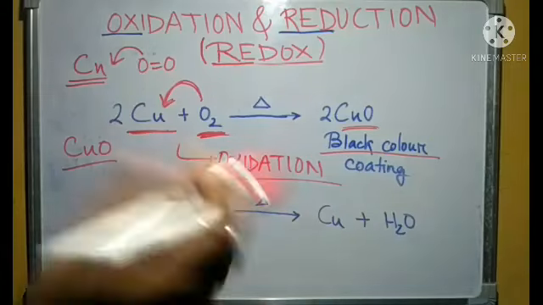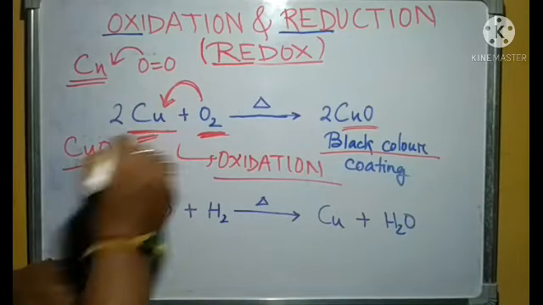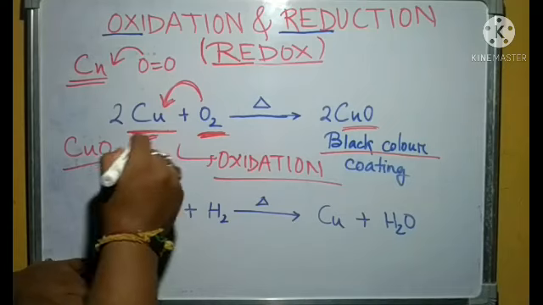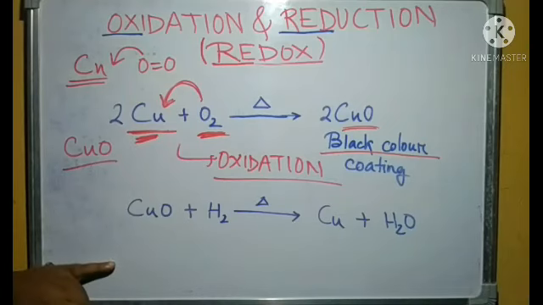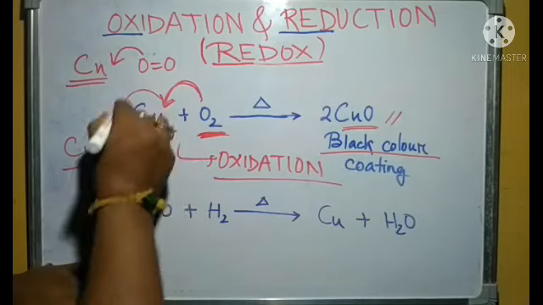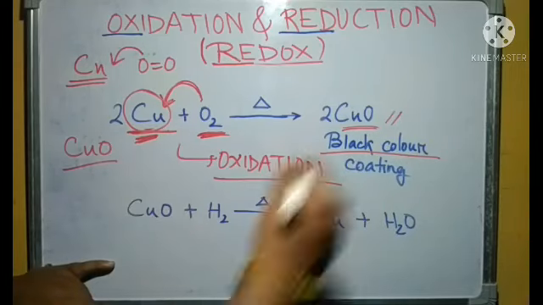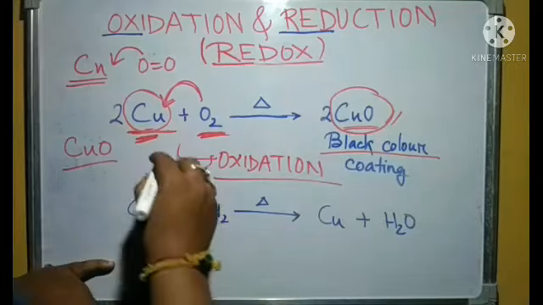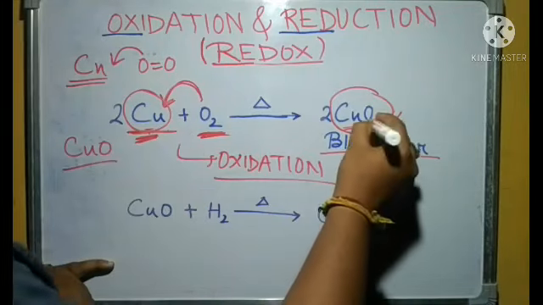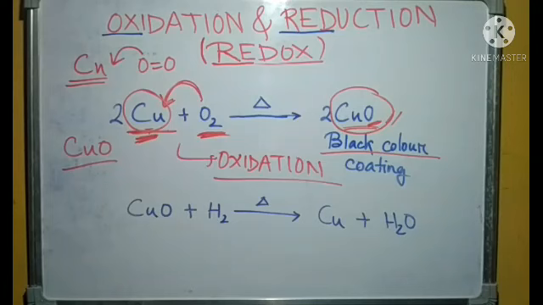If you are still having doubt, see the initial state of copper here. In this reactant you only have copper, Cu, and in the product you have CuO. That means the copper is getting an extra oxygen. So the process where a reactant gains an oxygen atom or loses a hydrogen atom, we term that reaction an oxidation reaction.